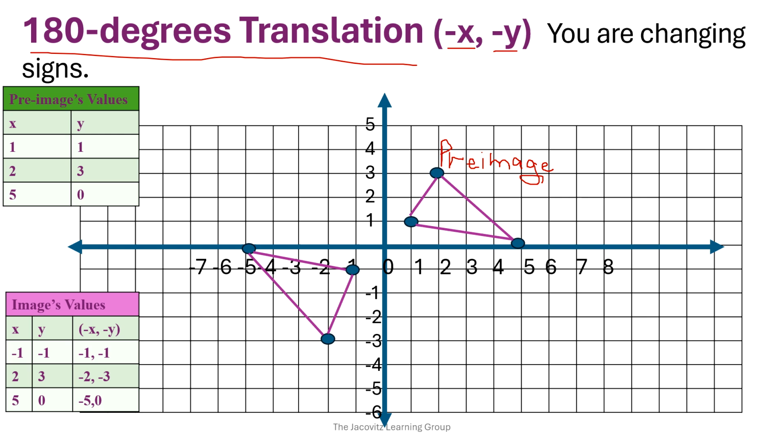So you're changing the signs, and you're not switching anything around. So it's straight up negative x, negative y. So over here, this was 1, so this would be negative 1 and negative 1, and I put that here. This was 2 and 3, so this would be negative 2, negative 3, and I put both values here, and this would be negative 5 and 0. 0 is negative or negative.